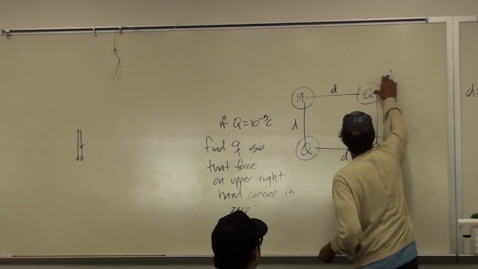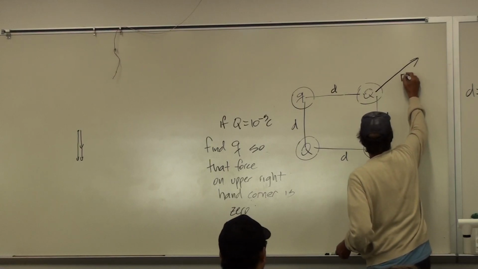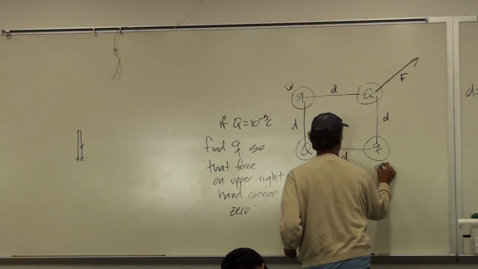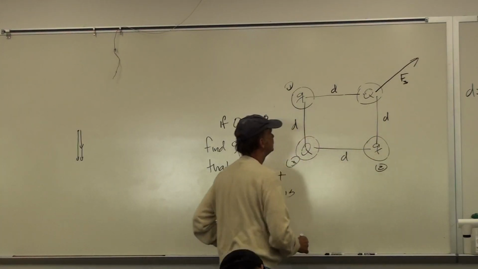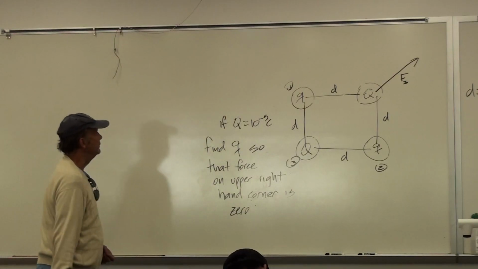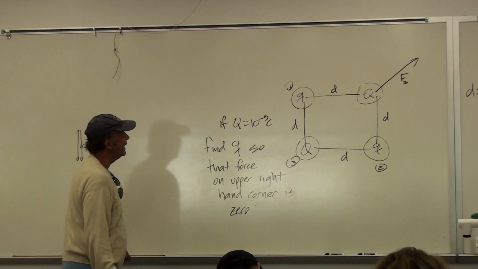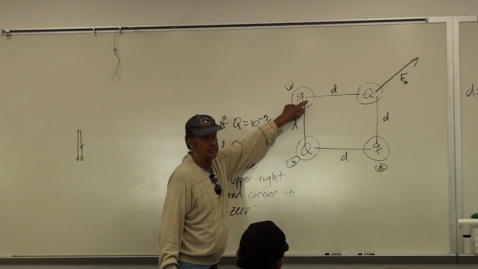And so associated with that, then I'm going to have a net force on, this is 1, 2, and 3. This would be F3. It's going to point that way. Okay, and so we want to cancel that out with the effects due to these 2 charges.